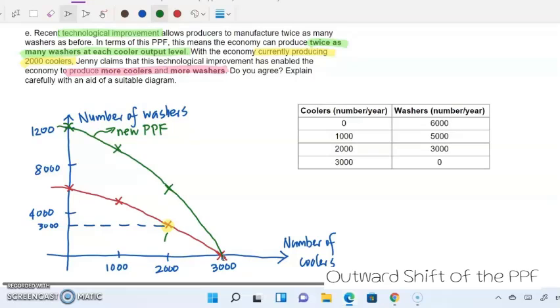And it could include a point like B with more washers. It can also include a point like C with more coolers, or a point like D, more of both goods. So yes, Jenny is right.